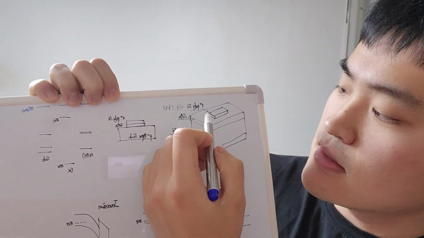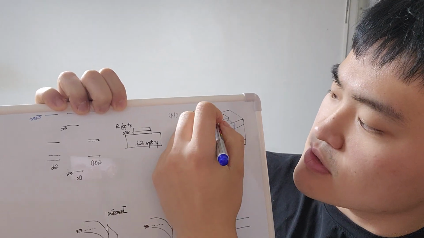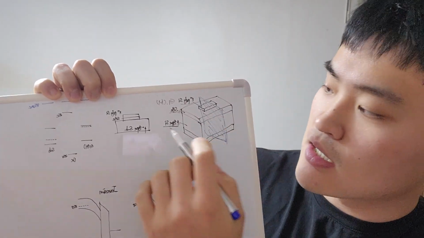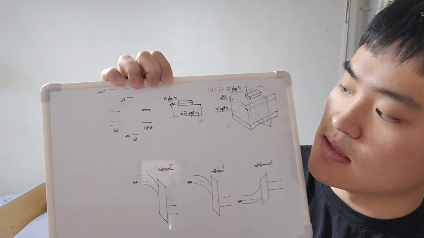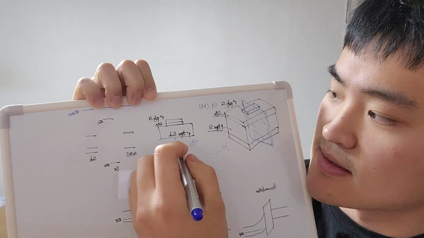If we cut this 3D structure in this direction, we can see this cross section as a 2D figure like this.